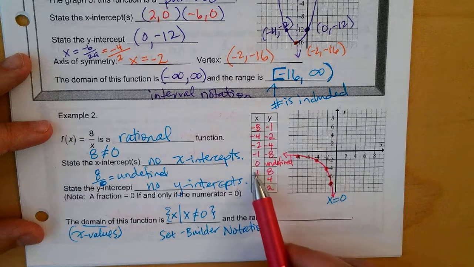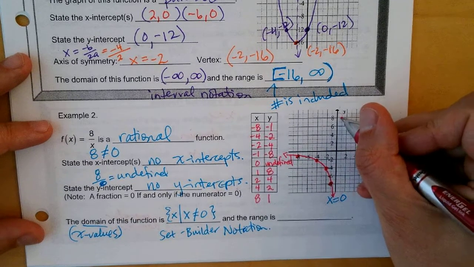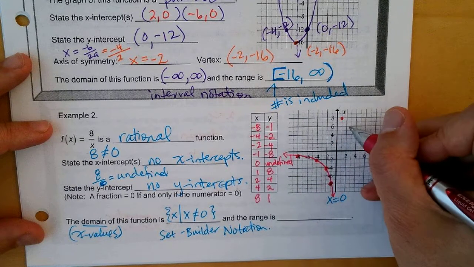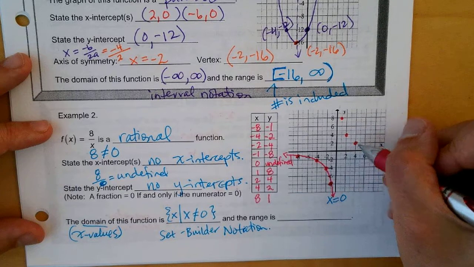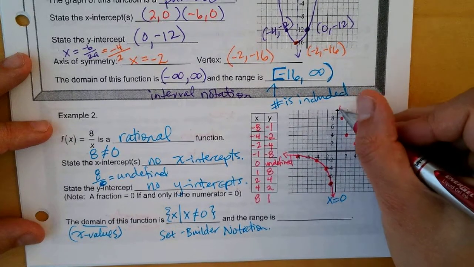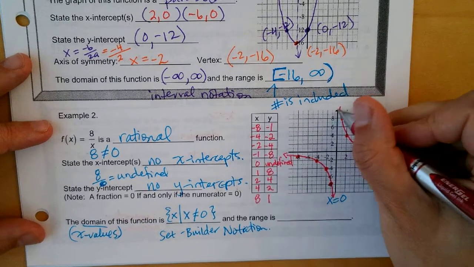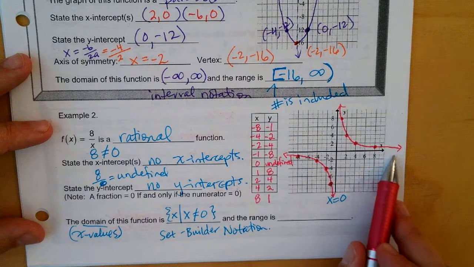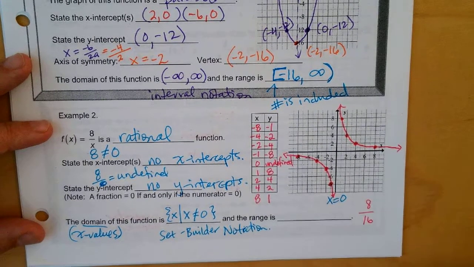Let's graph the other side. 1, 8, 2, 4, 4, 2, and 8, 1. And so then we see this side. Now, what's going to happen too, as x gets really, really big, let's say you went 8 divided by 16. What's that going to be?